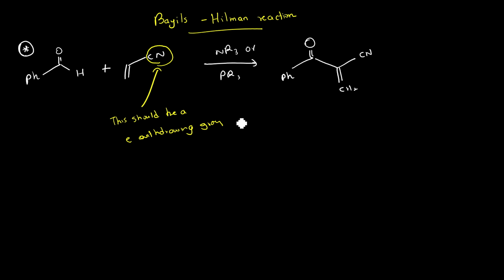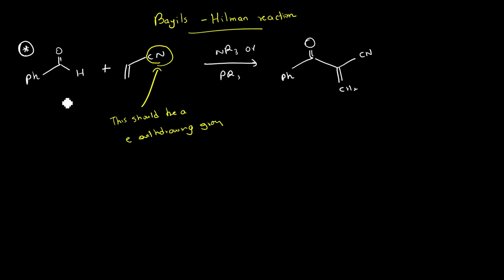Now let's see what the mechanism is here. Let's take our electron withdrawing group and this alkene group. Here we have a CN. If you remember, we are going to add NR3. First step, NR3 contains a lone pair.